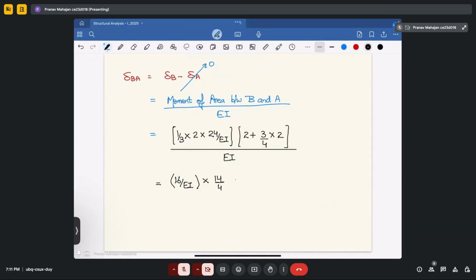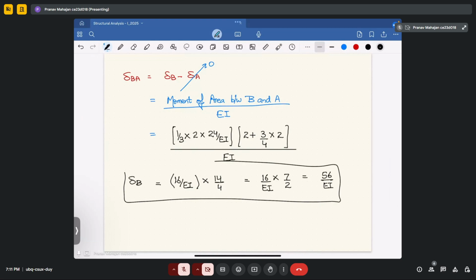That means it would be equal to 16 upon EI into 7 upon 2, that will be equal to 56 upon EI. Fine. So your deflection at point B will be equal to 56 upon EI.